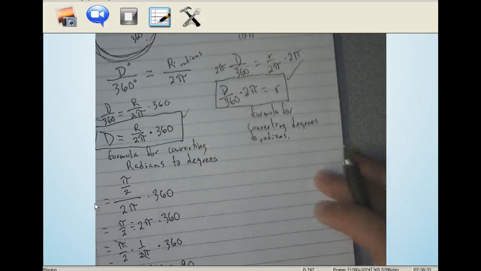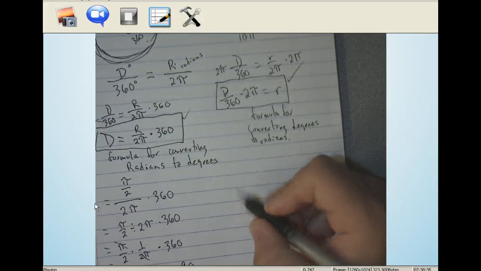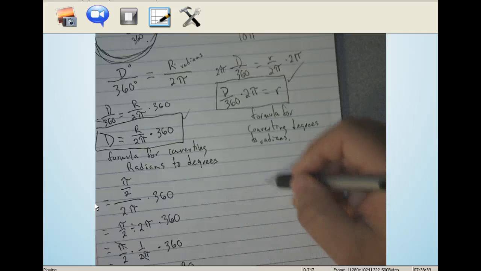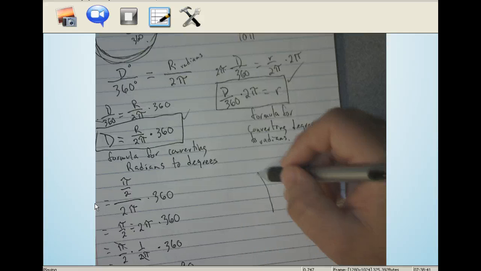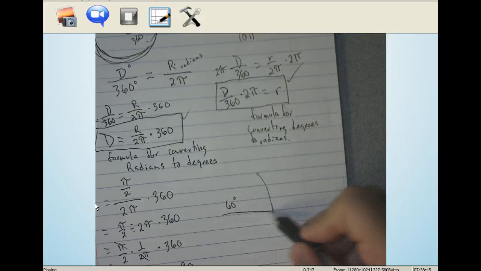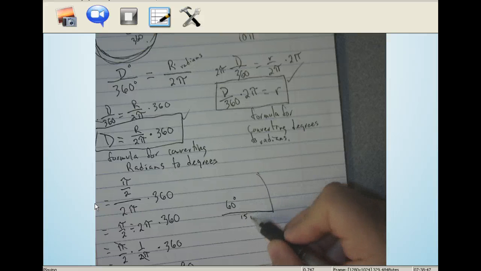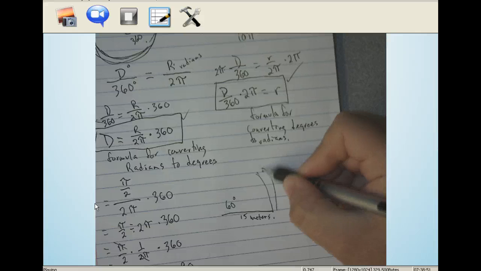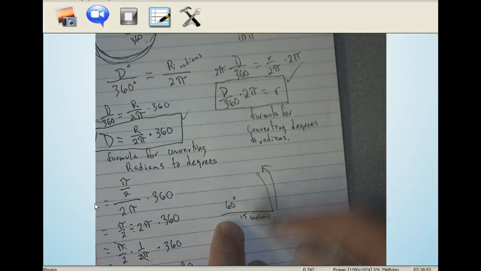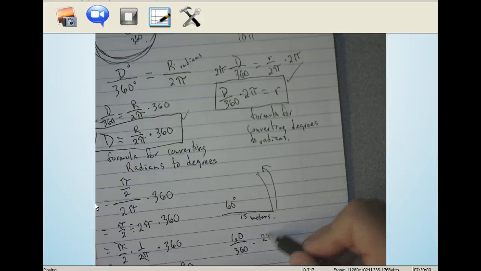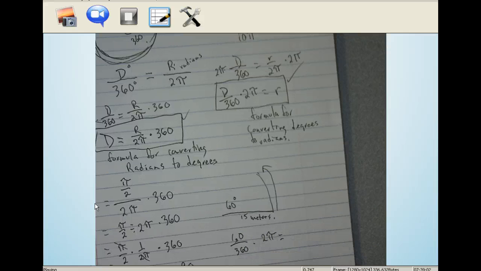One last example. Let's say I had a person that said, let's lay out an arc that'll cover a 60-degree angle, and the radius is, let's say, 15 meters. Well, I would use this formula. I'd put 60 over 360 times 2 pi to convert that into radians.